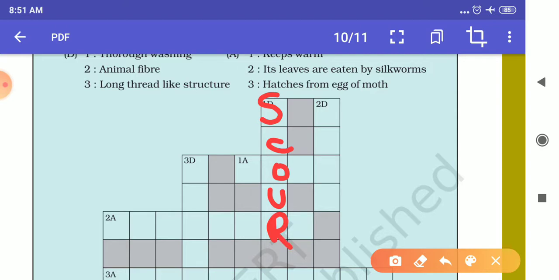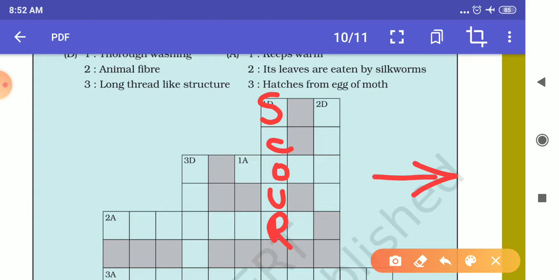The second is animal fiber. In this, there are two types of animal fibers. One is silk, one is wool. You have to find which one is suitable here, because there is one more across that we can go for.